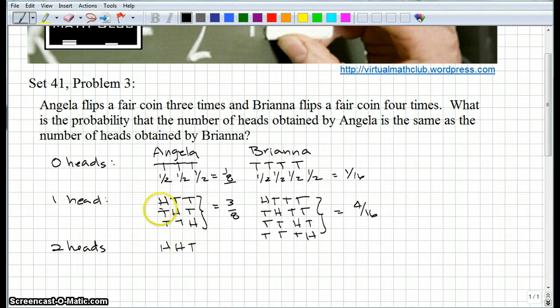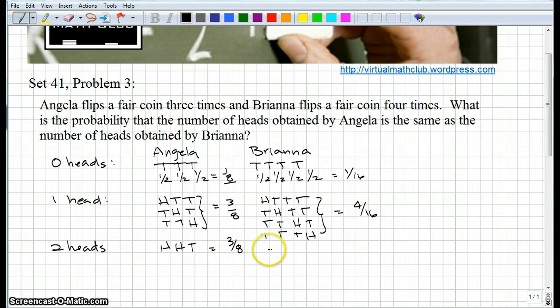So you have the same number of sequences, and still a 1/2 chance of each outcome, so this is again 3/8. I didn't write out all the outcomes, but this would be heads, heads, tails, or heads, tails, heads, or tails, heads, heads. That's why the 3. And the 1/8 comes from 3 coins, 50-50 chance for each outcome.